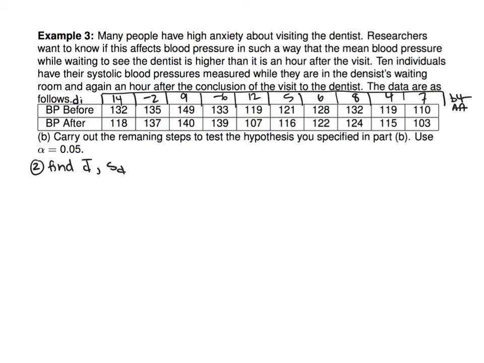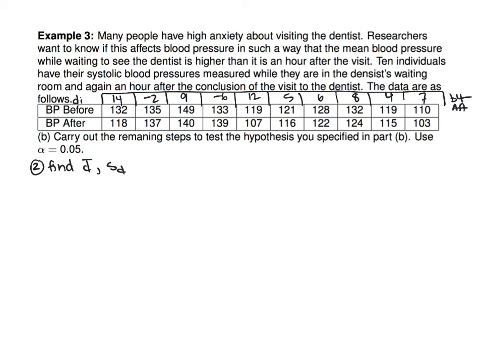And there are a few people you can see, this person and this person actually had lower blood pressures before. Maybe this person needed a root canal, but almost everybody else had a positive value, which meant the blood pressure was higher before than after.